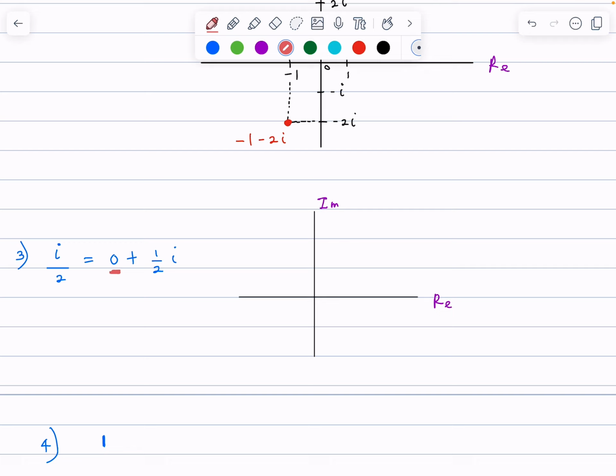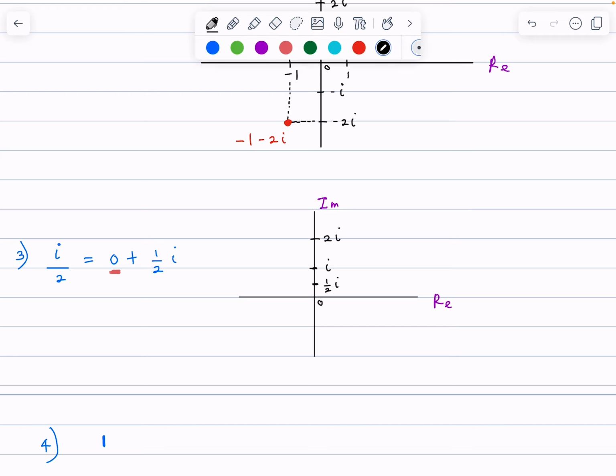Is the real part. So 0 is located here, at the origin. Then I have 1 over 2 i. If this place is i, and this one is 2i, then between 0 and i, I should have 1 over 2 i.